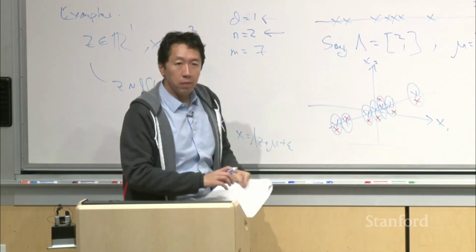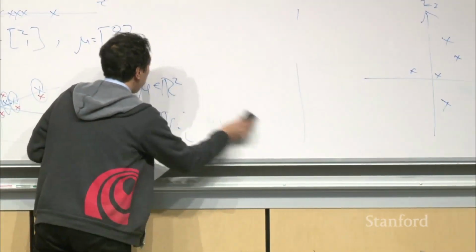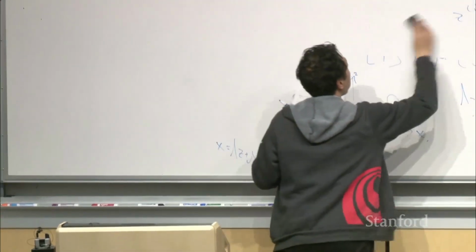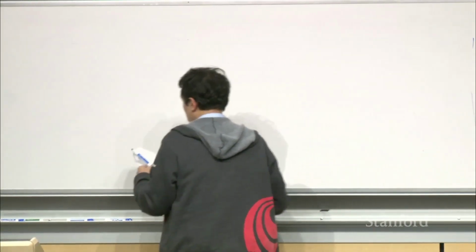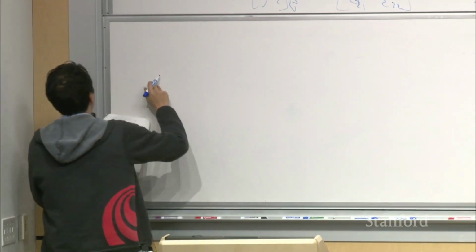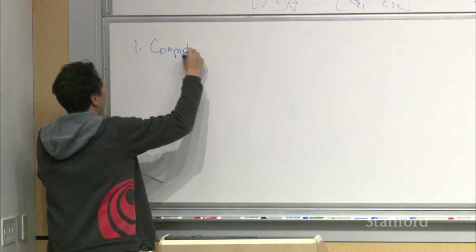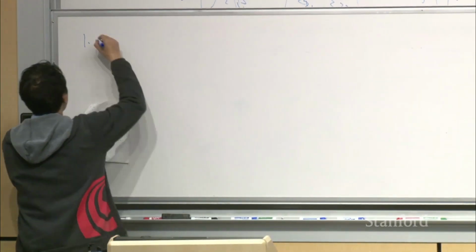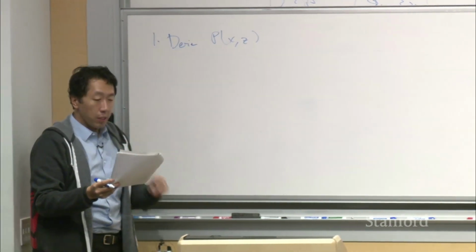Using these properties of the multivariate Gaussian density, let's go through the high-level steps of how you derive the EM algorithm for this. Step 1 is to derive the joint distribution of p of x and z.